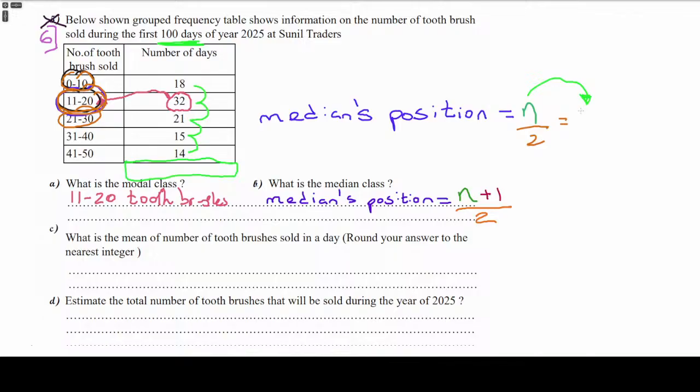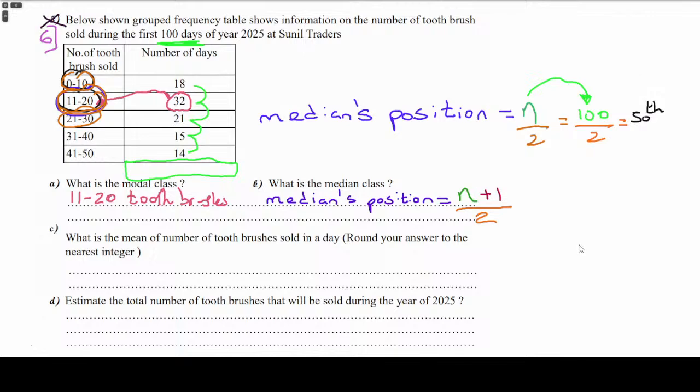So n is 100 divided by 2. That's 50. So the median's position is the 50th position. The value that is in the 50th position is the median of this data set.